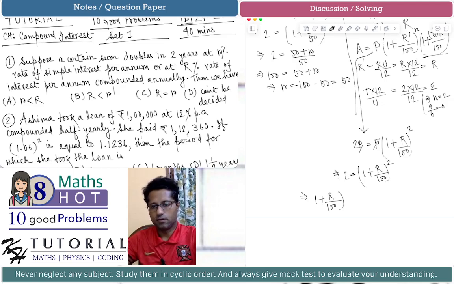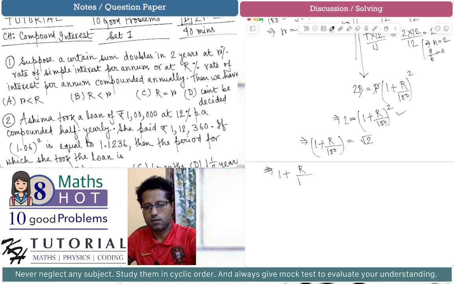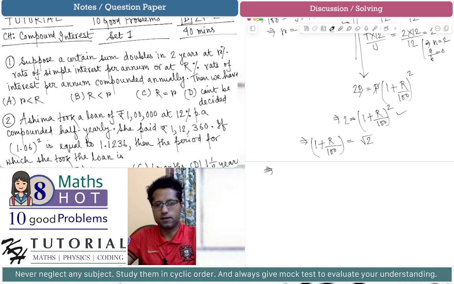So now if we want to solve this equation, we can find R as 1 plus R by 100 will be equal to square root of 2. And this implies, if we simplify the left hand side, (100 plus R) by 100 is equal to square root of 2.